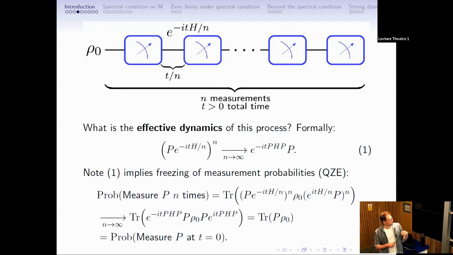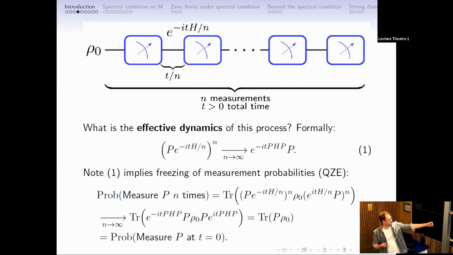And how do we get the Zeno effect from the measured probabilities back from the effective dynamics? That's very easy. The probability of measuring P n times is given by this trace where the operator product appears. If we know that this converges, in that case in the weak sense, then we get this effective Zeno dynamics back.